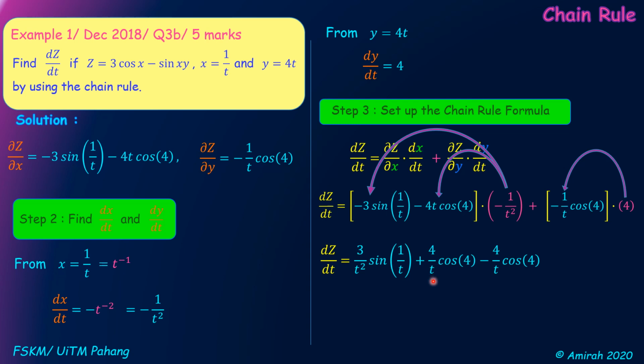And then 4t over t squared, but when we simplify, we get 4 over t, and then cos 4. And then positive and negative, when we expand, we get negative here. And then 4 times 1 over t, we get 4 over t, and then cos 4. And then from here, we have the same term. One is plus and one is minus. So we can simplify. So we get dz over dt equals 3 over t squared sine 1 over t. So this is the final answer.